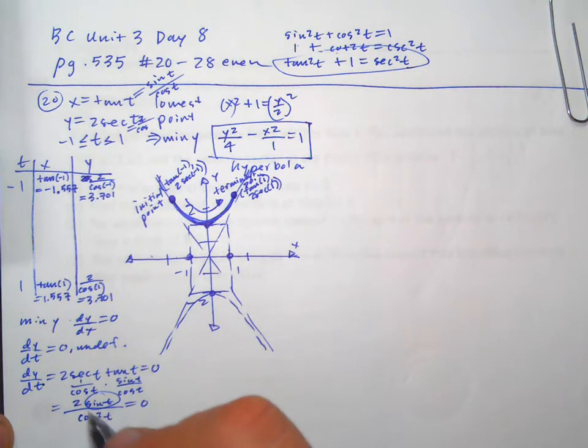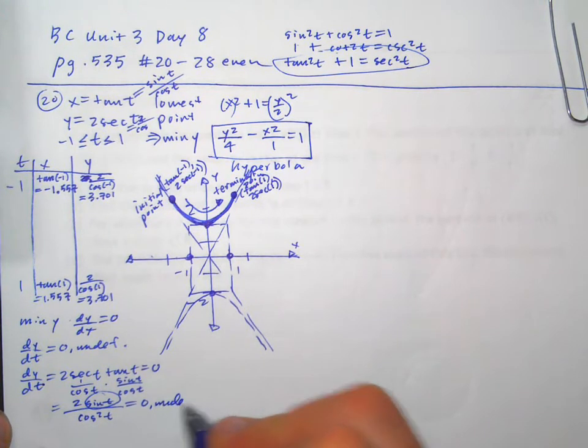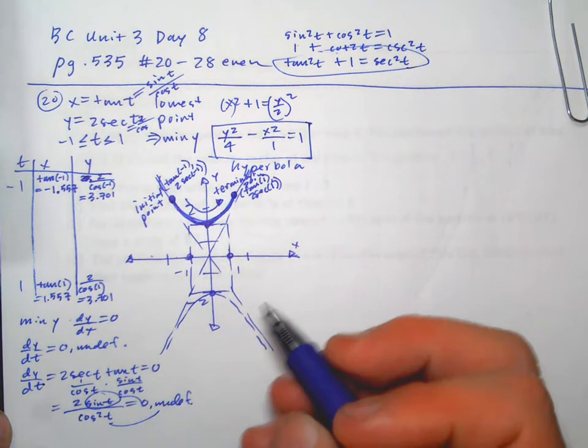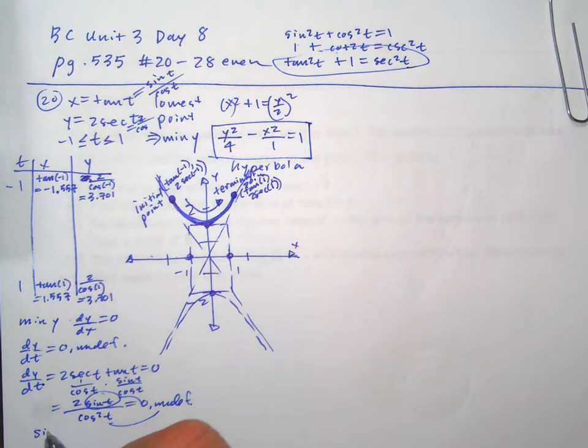I guess we could also look for when cosine equals 0, which is probably at the hyperbola's asymptote, where it'd be undefined. Okay, so sine equal to 0 happens when t equals 0 plus pi k. For us, 0 is the only one we want; pi and negative pi are outside of the boundary.